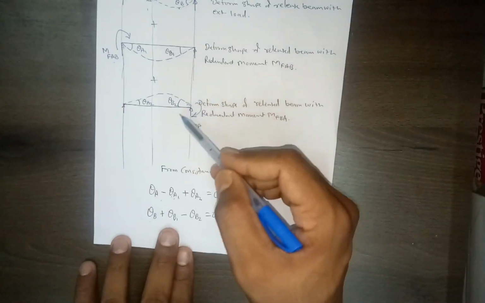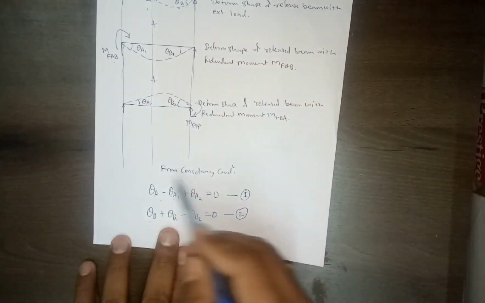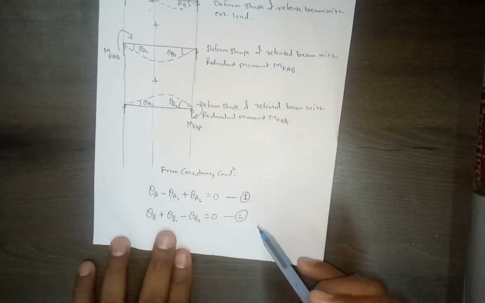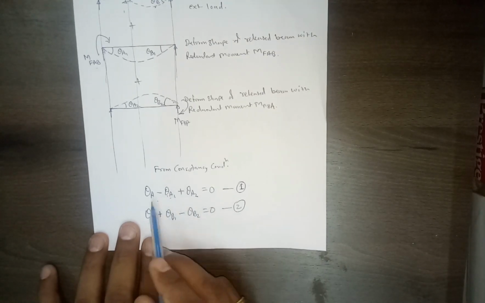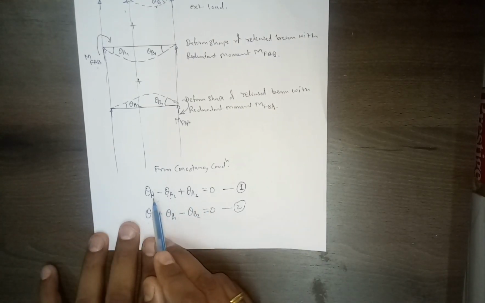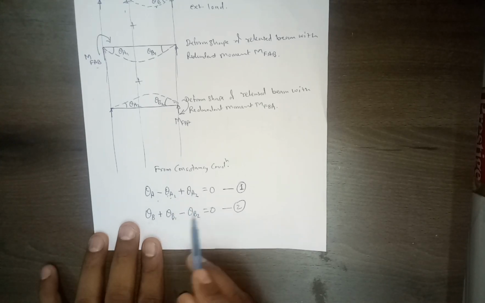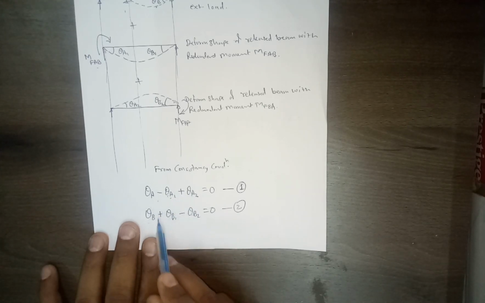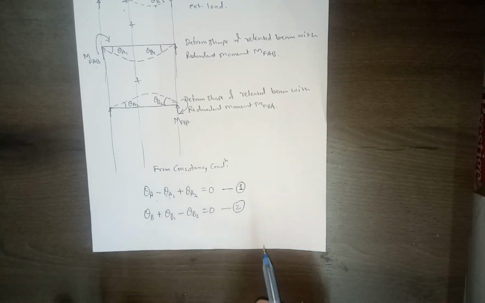Even if you assume clockwise as positive and anticlockwise as negative, you'll get the same equation, right? So this is the consistency equation. There is a slight change here from the consistency equation we discussed previously. Previously these 2 used to be negative, but now one part is positive here. So we need to be careful about the sign convention.